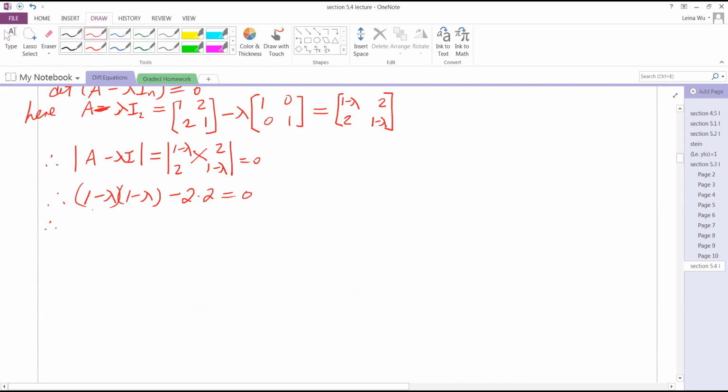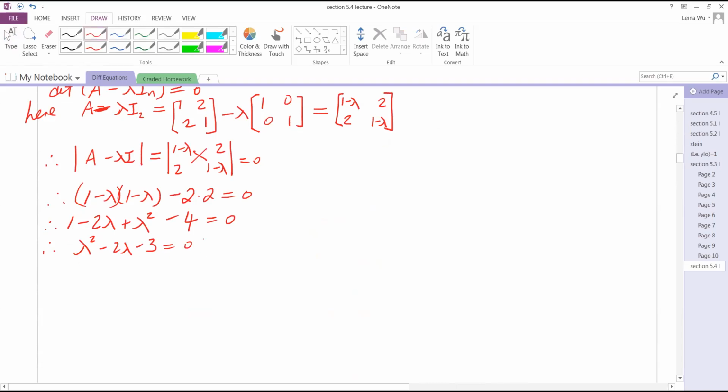Okay, let's simplify 1 minus lambda times 1 minus lambda. That's foiling out, so you just have 1 minus 2 lambda plus lambda squared minus 4 equals 0. This is lambda squared minus 2 lambda, and 1 minus 4, that is subtract 3, equals 0.